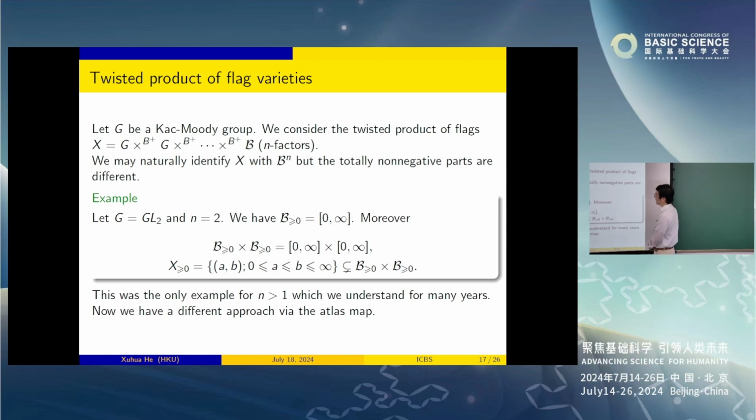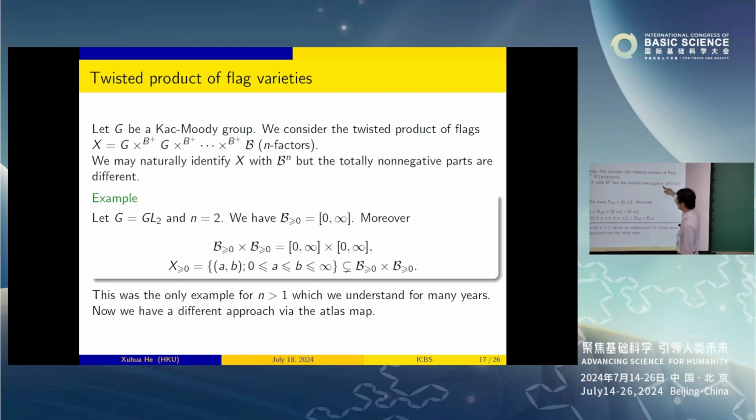Of course, we can naturally identify this X with n copies of the flag. But the reason I want to write it this way is that I want to think about this as a stratified space. The natural stratification here is different from the product.